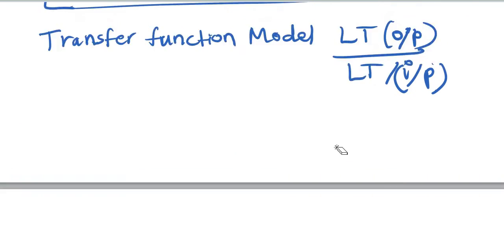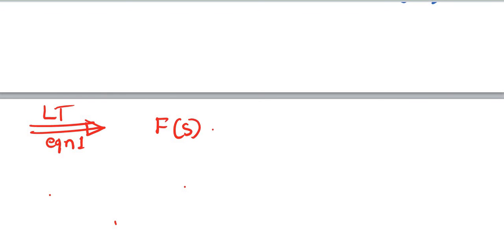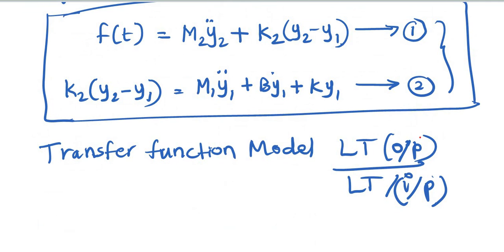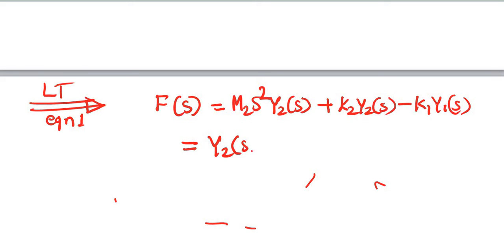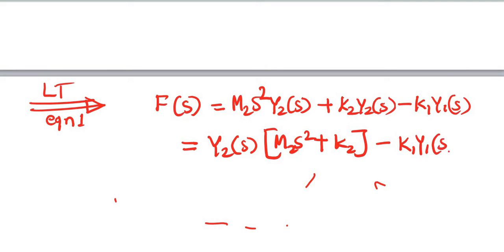First, if we convert equation 1 into Laplace, the Laplace transform of equation 1 is F of s equal to m2 s square into y2 of s plus k2 into y2 of s minus k2 into y1 of s, or this is equal to y2 of s, if I take out, m2 s square plus k2, minus k2 y1 of s.